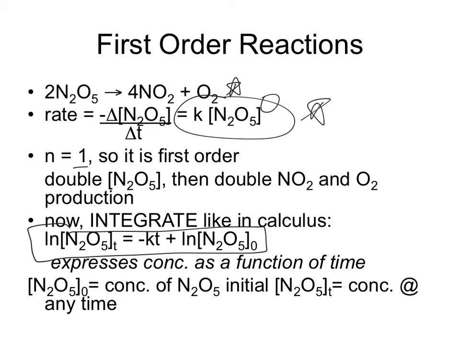What I want you to notice is the generic setup: you are plugging in a concentration at any specific time, and that's going to be equal to your rate constant times time plus the natural log of the reactant that you're looking at at your initial time, so before the reaction has started.